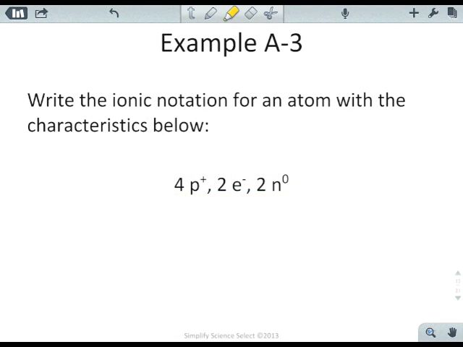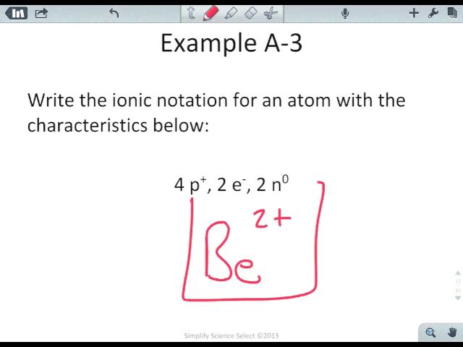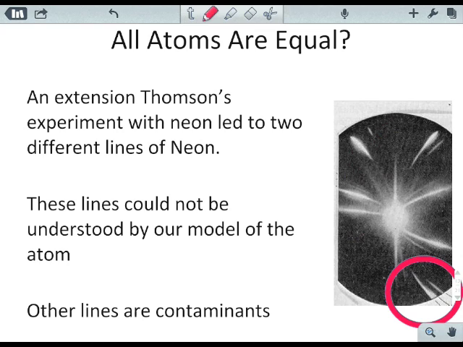Now, example A3. The answer that you should get here is beryllium with a 2+ charge for your ionic notation. Make sure you can tell me why. Now, we're looking at the nucleus and the electrons, and how they're affected when we move electrons away, and we're leading into an extension of Thomson's experiment with neon that led to 2 different lines of neon.